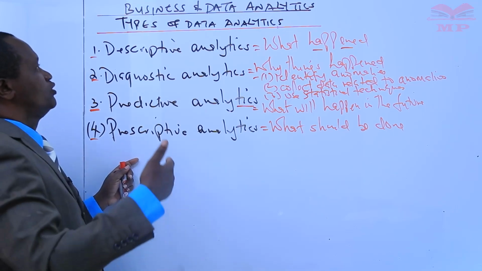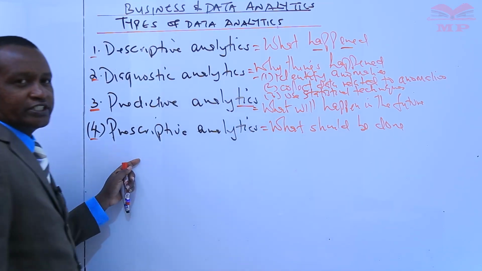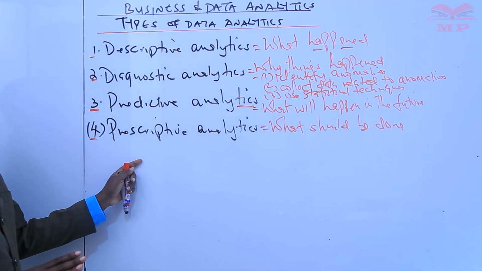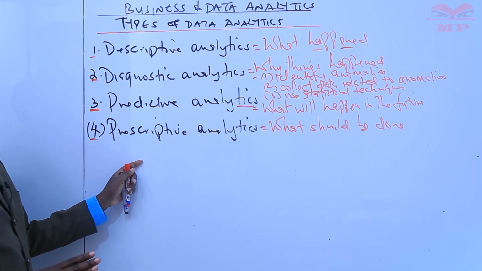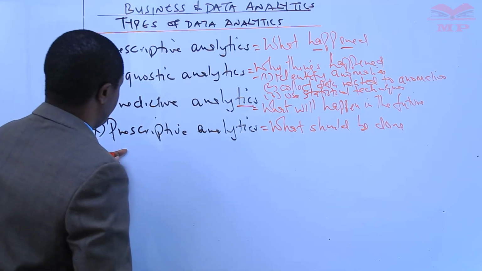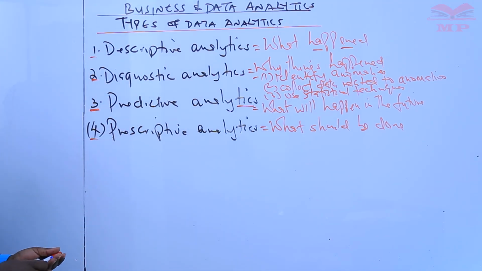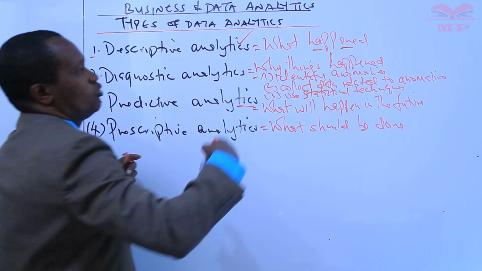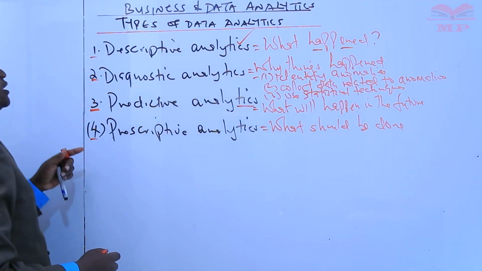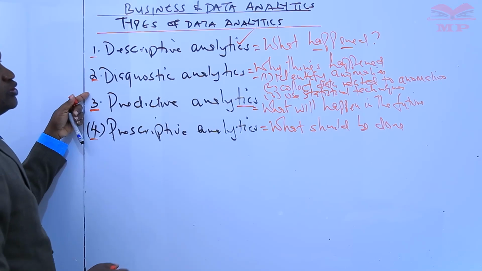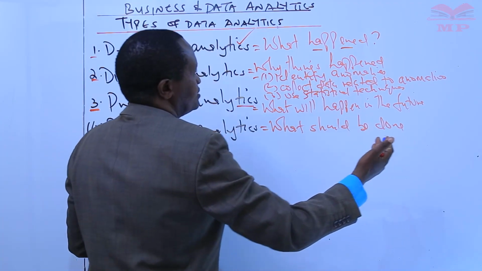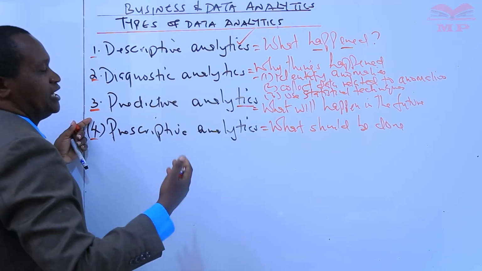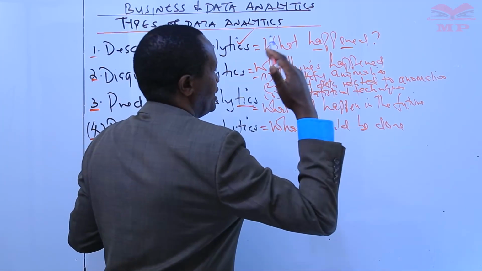So these are 4 types of data analytics. We've said data analytics is a broad field. We've briefly described 4 types. The first one being descriptive analytics, which answers the question, what happened? Diagnostic analytics answers the question, why things happened. Number 3, predictive analytics answers the question, what will happen in the future.